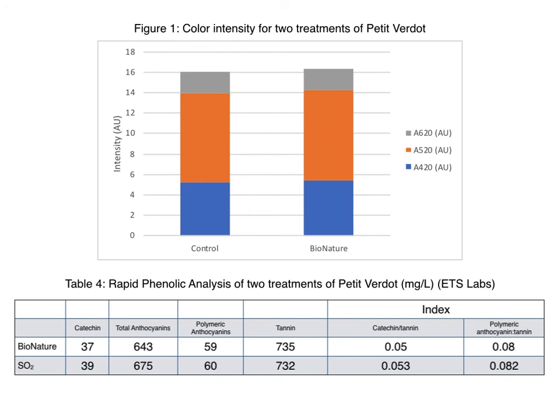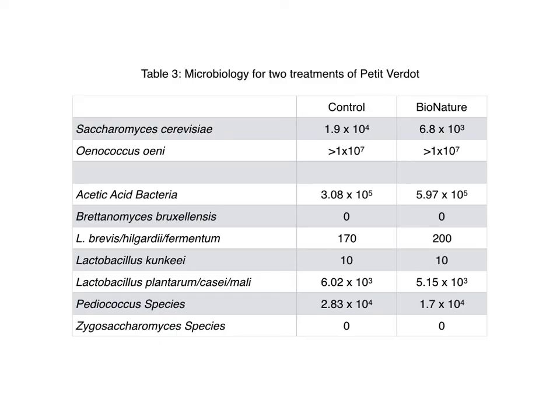And then the microbiology, when we look at it, our big question here is do we see an increase in spoilage organisms when we're not using SO2? And the answer really is no. We don't see any notable differences in any of the organisms that are listed here.